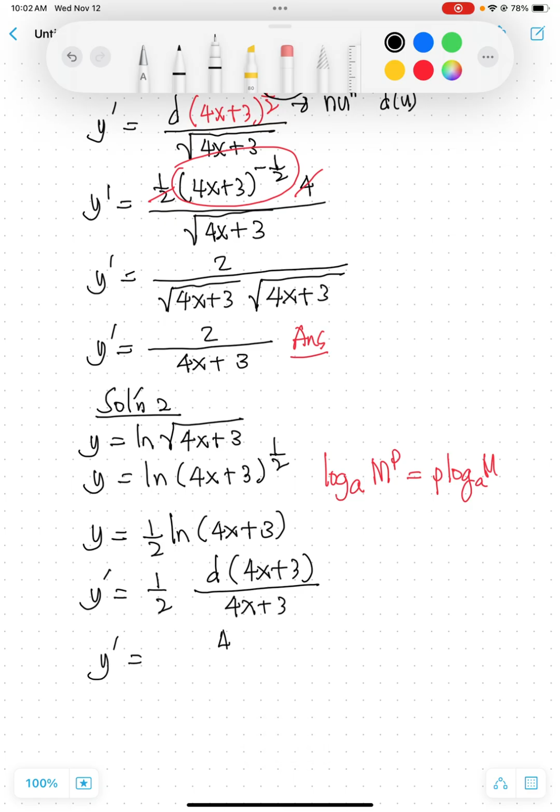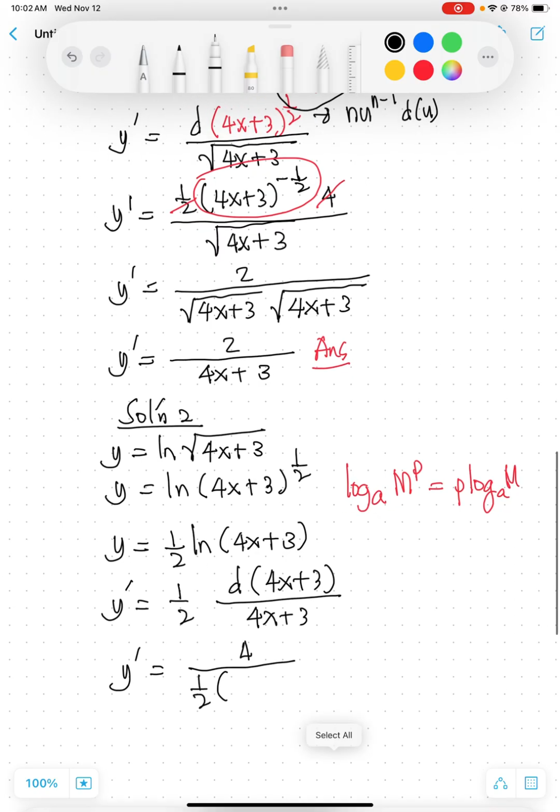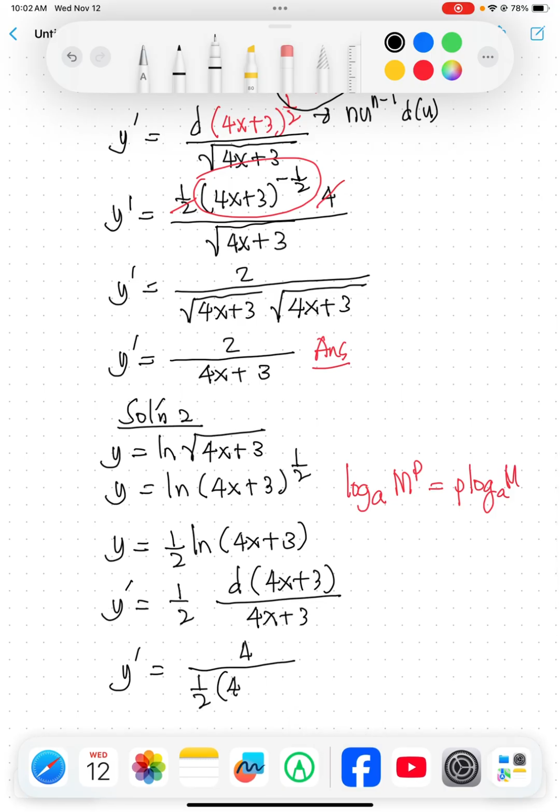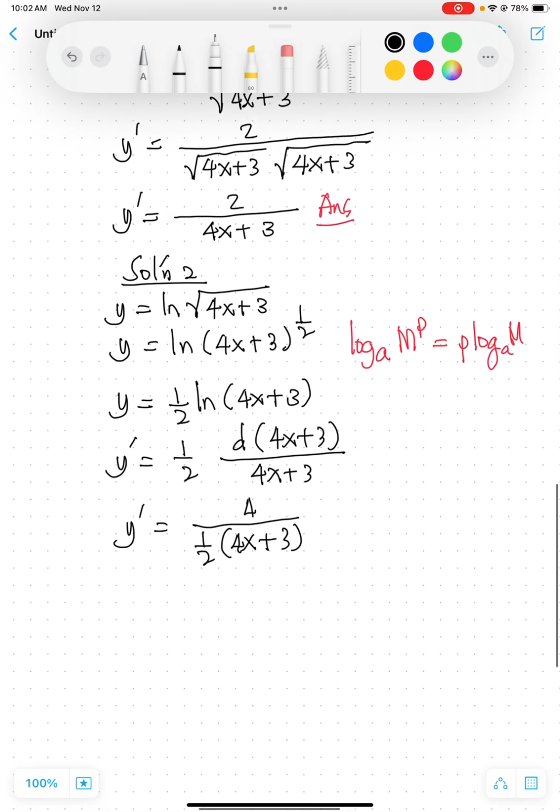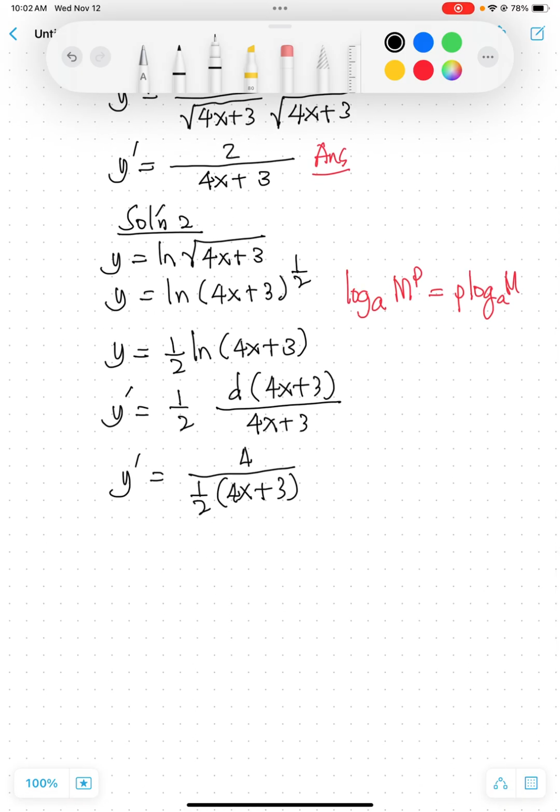So I will have 1/2 times 4 over 4x plus 3. 4 times 1/2, so the 1/2 must be here, not in the denominator.